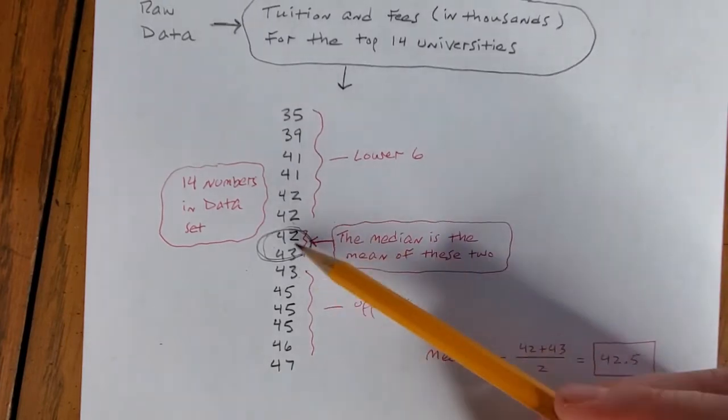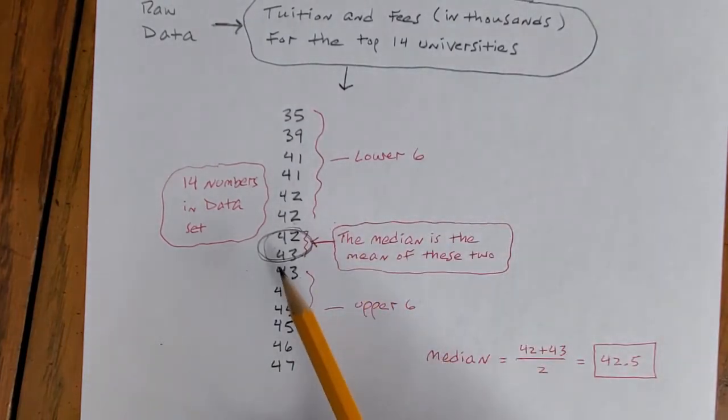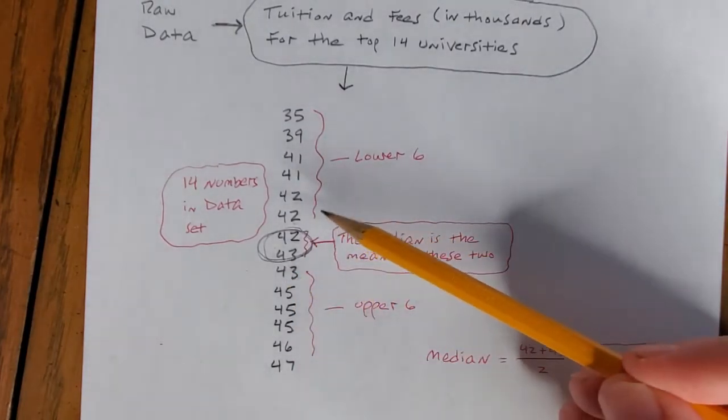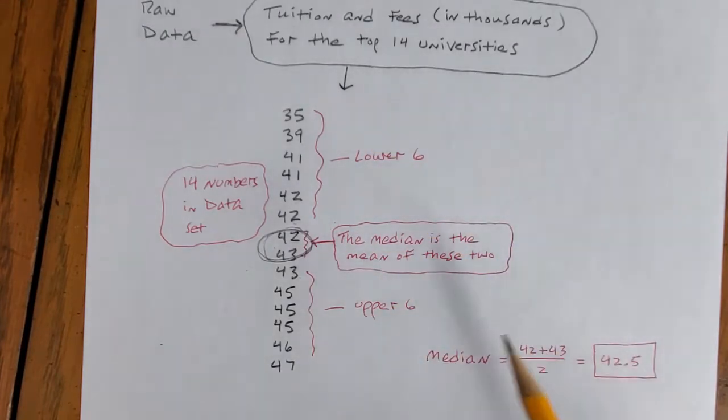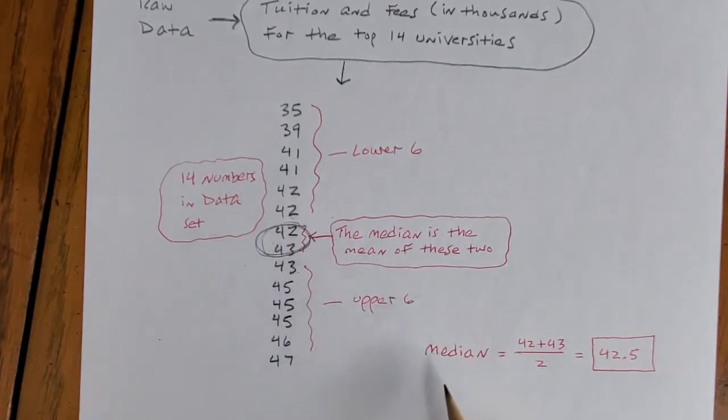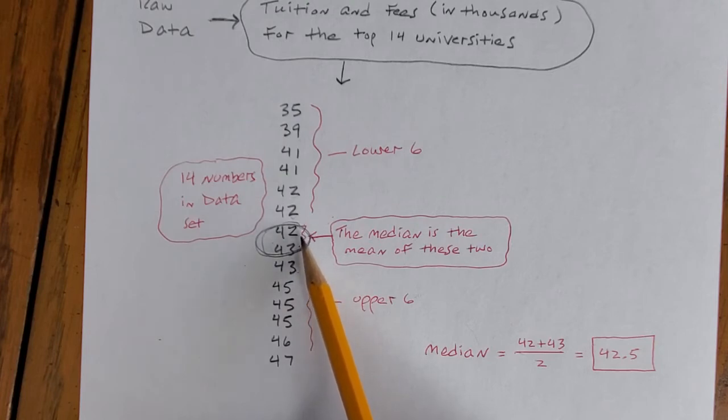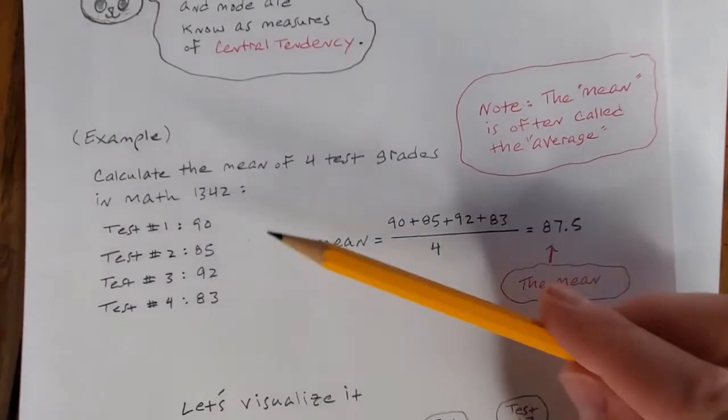Once you identify the 2 numbers that are right smack in the middle, with an equal number below and above, to calculate the median, you find the mean of those 2 numbers in the middle. So what's the mean of 42 and 43? Remember the first example we gave? How do you find the mean of a set of numbers?